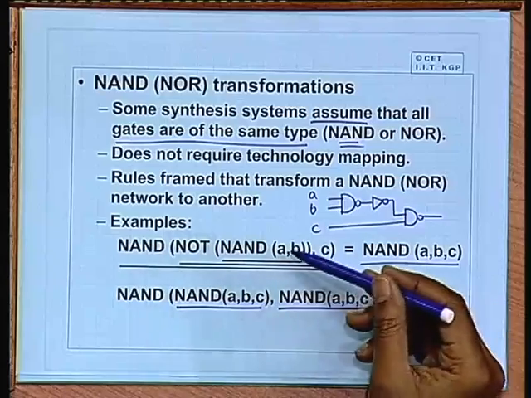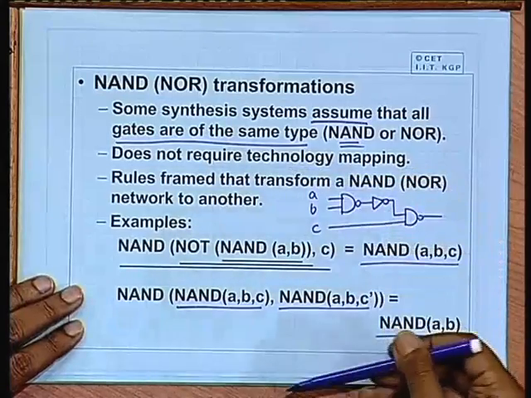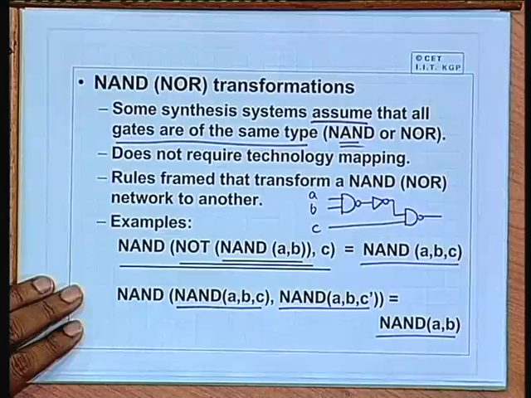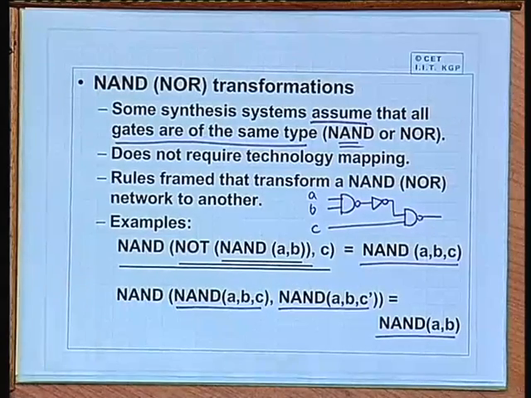Here I have only shown a couple of rules, but there will be a big set of such rules which you can apply to this NAND level netlist and carry out optimization. But you see that this now becomes a search problem.